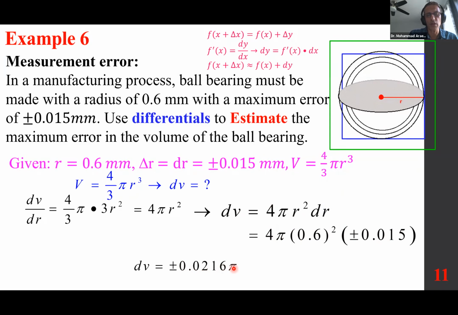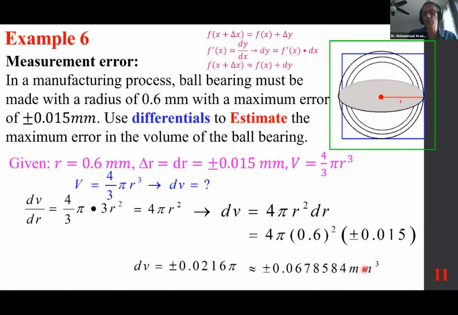And if you want to replace the pi, please don't replace it with 3.14 because that's an approximation. Change it to what the calculator gives you. So put it into a calculator, with however many decimals they ask you: 0.0678584 or 0.0216 pi cubic millimeters.